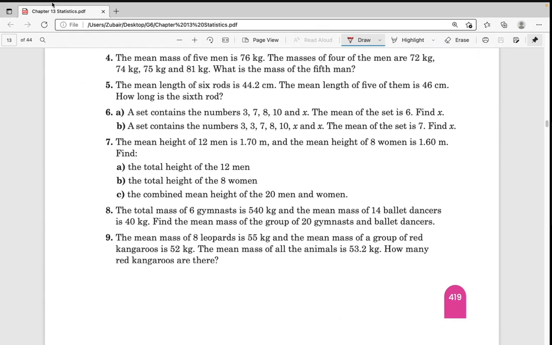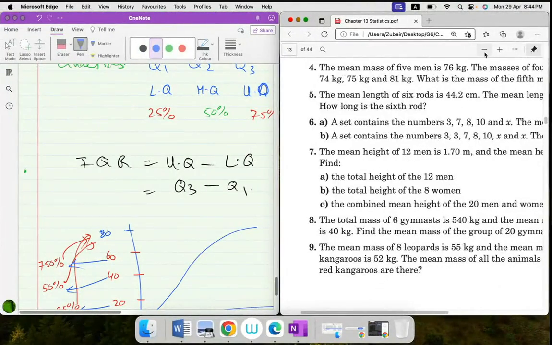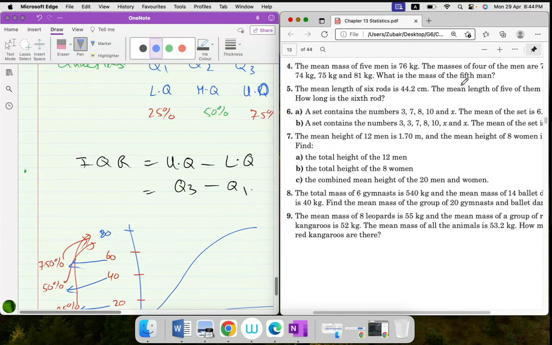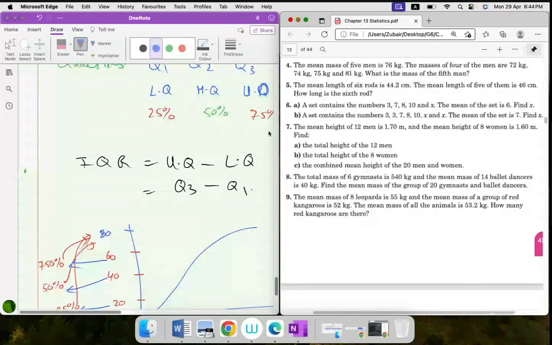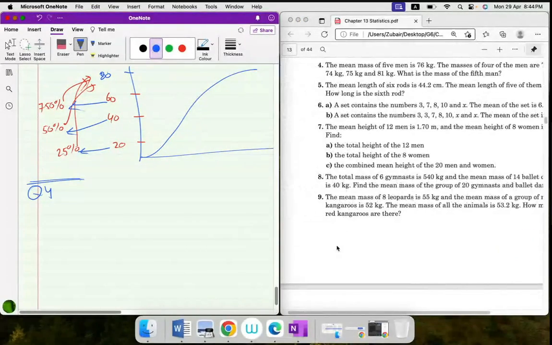Question 4 is a little interesting, and I need writing space for this. Question number 4, page 419.